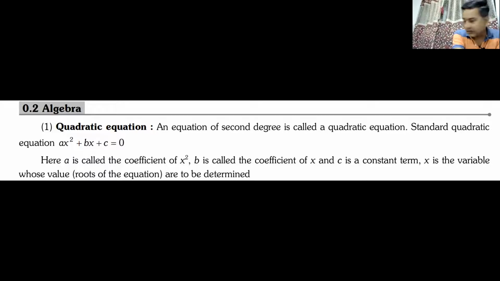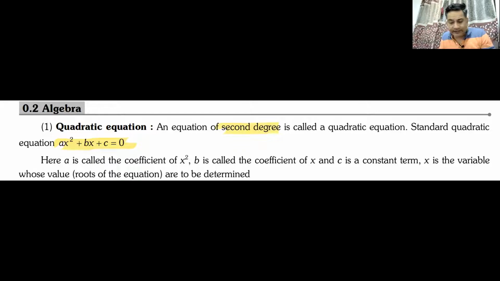Yes, Akhil has come up with an answer that a general quadratic equation, well done, looks like this: ax square plus bx plus c equal to 0. This is a general equation of second degree. I told you, Bhavani, what a degree is: the highest power of x is the degree. This is an equation of second degree, and the equation of second degree is known as a quadratic equation.